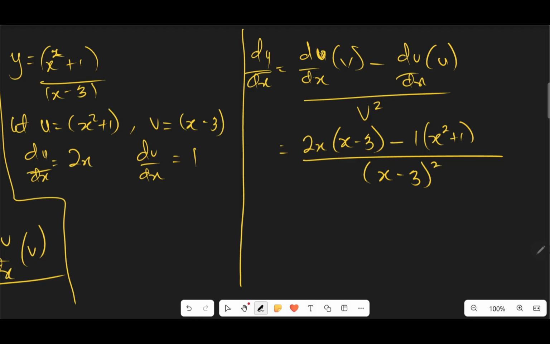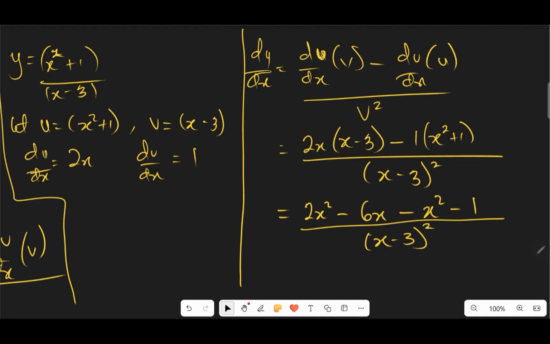Now we simplify the numerator. 2x times x gives 2x squared minus 6x minus x squared minus 1, all over x minus 3 all square.